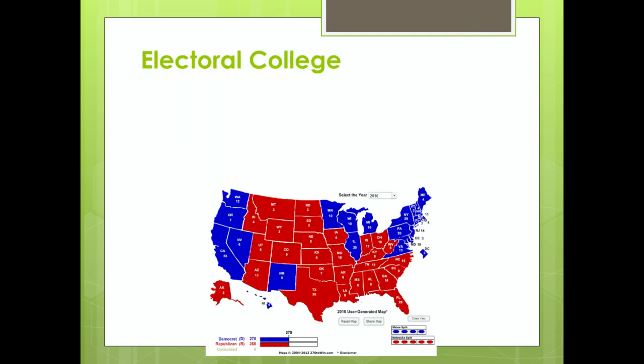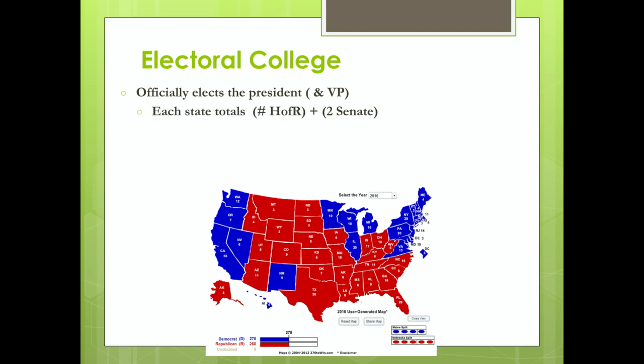Another thing that was built into our government is the Electoral College. The Electoral College was set up by our founding fathers, and this is the way that we elect our president and vice president. The way you come up with how many electors each state has in the Electoral College is by taking the number of House of Representative members and their two senators.